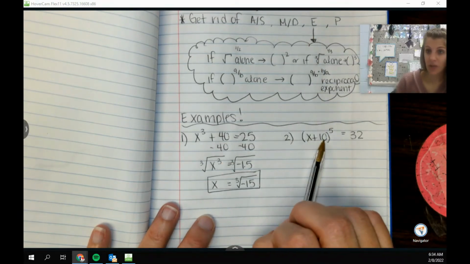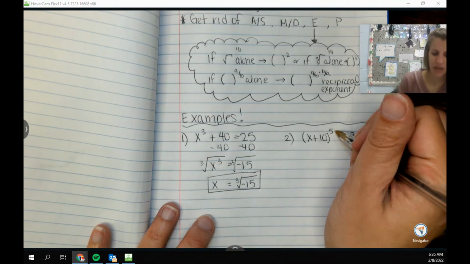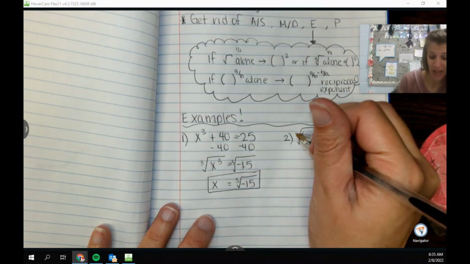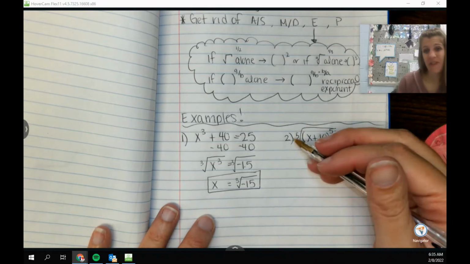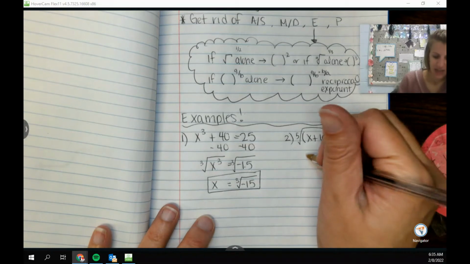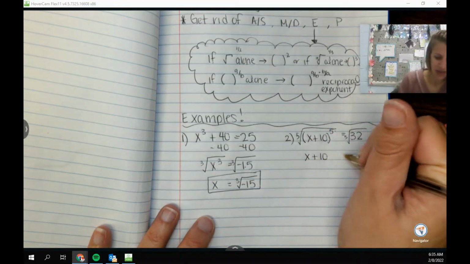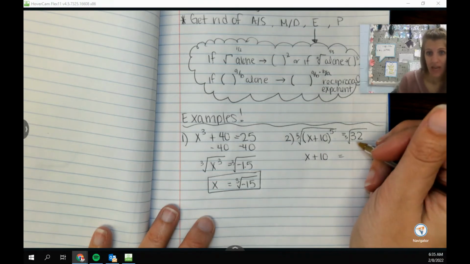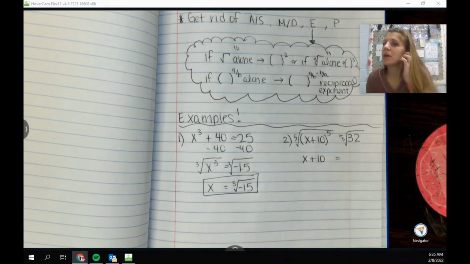My exponent here is alone right now, so to get rid of something to the 5th power, I'd have to 5th root it. And if I 5th root one side, I have to 5th root the other side. And so we have x plus 10, because 5th root and to the 5th power just cancel each other out.